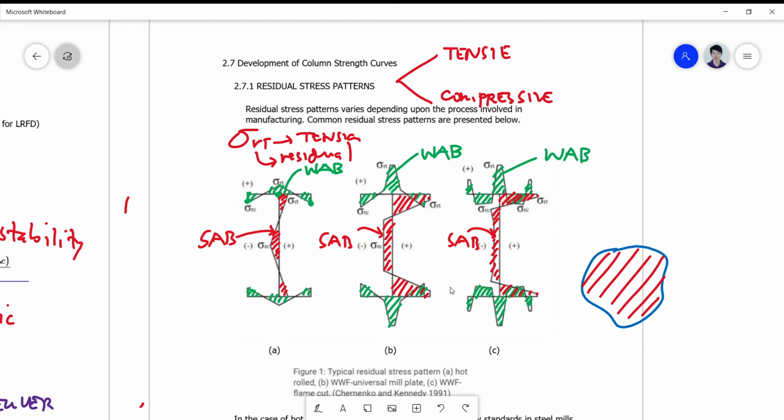Thereby, the residual stresses may be accounted for more accurately than just fabricating the sections, doing some procedures that are not standard, like in the manufacturing.